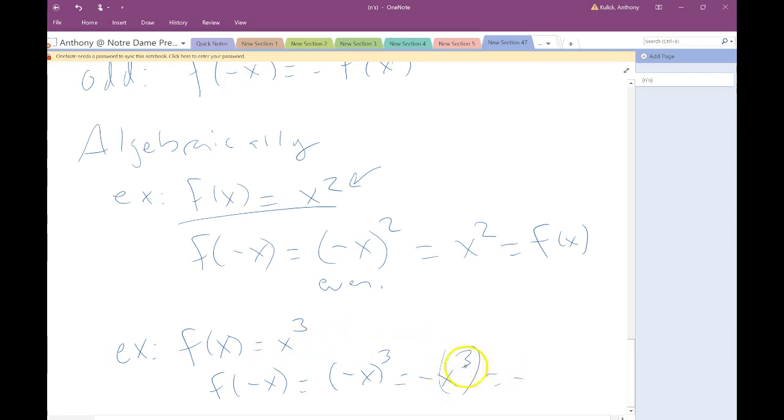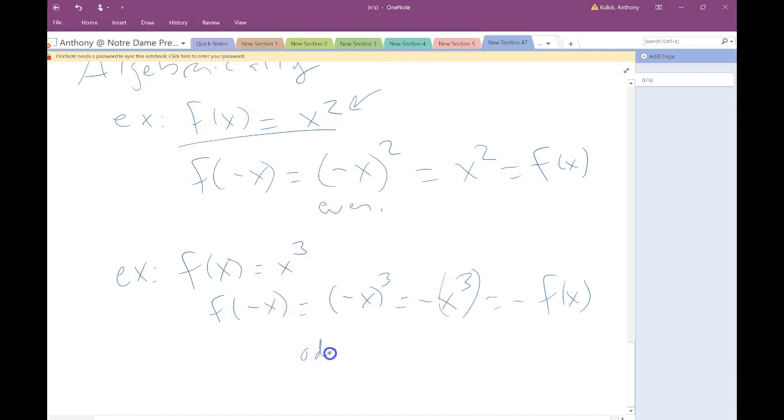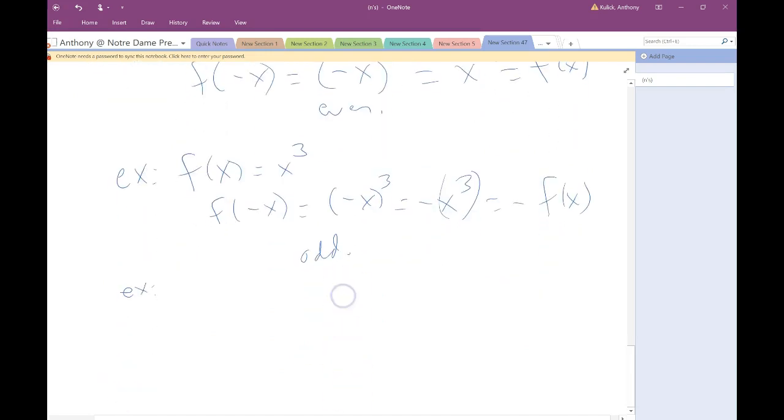If f of x is x cubed, this is negative f of x. So what does that tell us? This is odd. And keep in mind that there is another option here. They don't have to be odd or even. They could be neither. So let's look at an example here where it's just x cubed plus x squared.